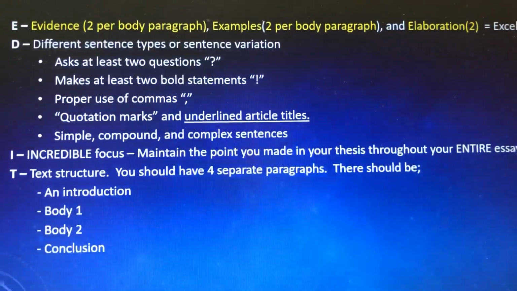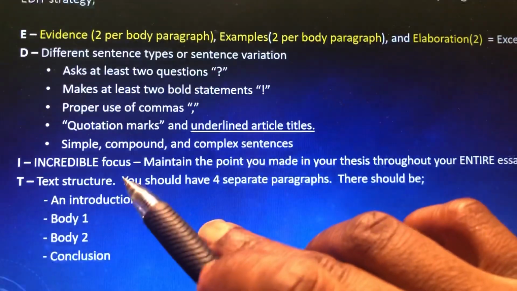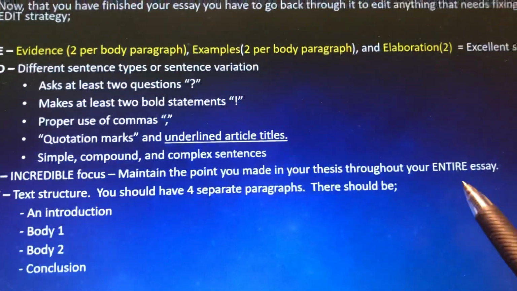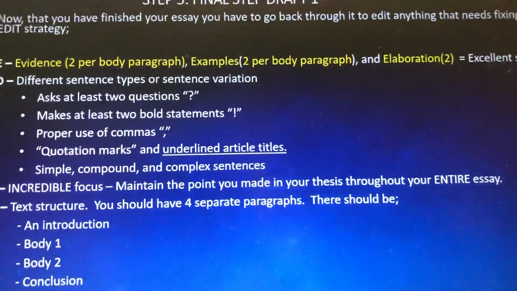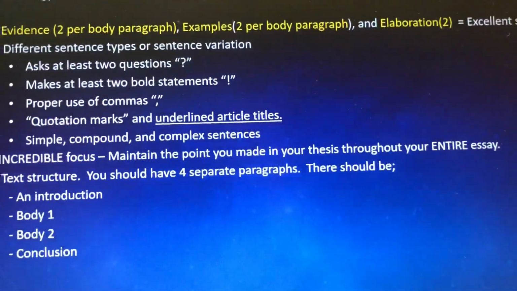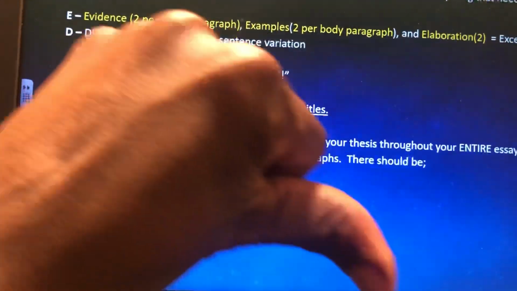So the next section is the I, which stands for incredible focus. Please make sure that you maintain the point you made in your thesis throughout your entire essay. Do not start out talking about how wonderful drones are and then get to body paragraph number 2 and tell me how awful they are. That's not maintaining your focus.